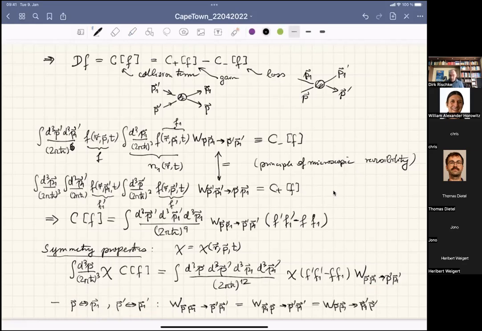And of course nothing happens in this difference of distribution functions. If I change p prime to p1 prime, here this becomes f1 prime f prime, which is the same, and this becomes f1 f, which is still the same.